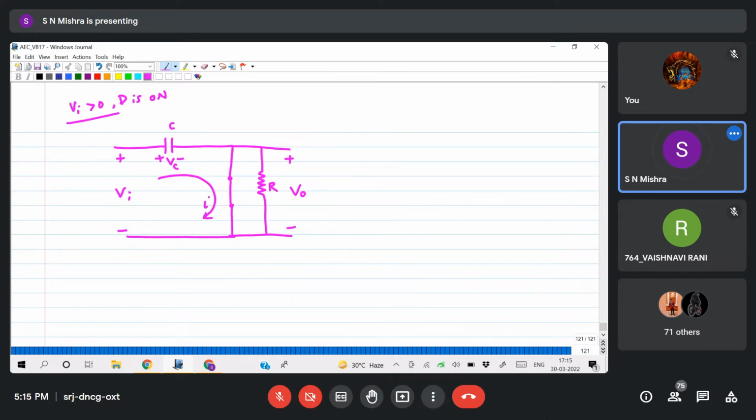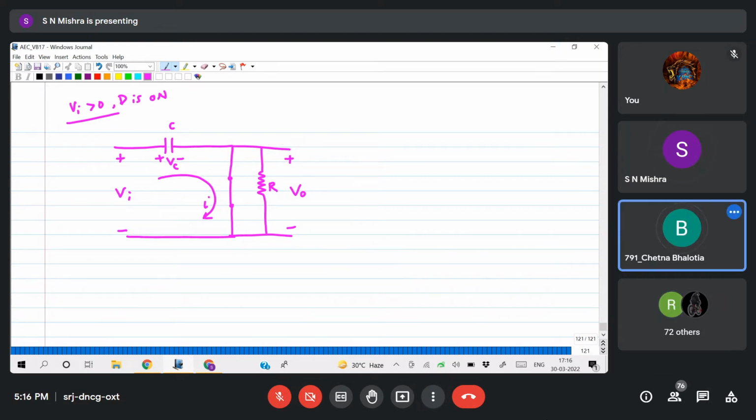Is it clear? Short circuit the diode because the diode is on. During that, current will flow across this circuit. So current is flowing means the capacitor will charge. I am assuming the voltage stored due to the flow of current across the capacitor is Vc, and I have represented the input voltage for the positive half cycle as this Vi, and the output voltage as V0. It's clear?